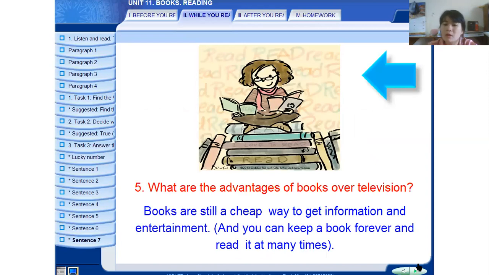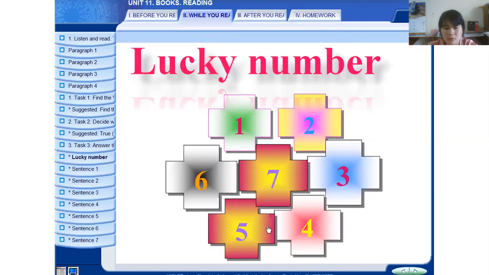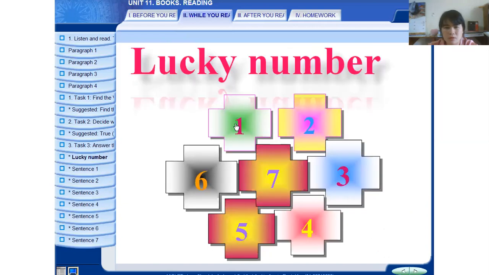And you can keep a book forever and read it many, many times. This is very advantageous. Yes, I think that's one. Question number 4, wow, congratulations.